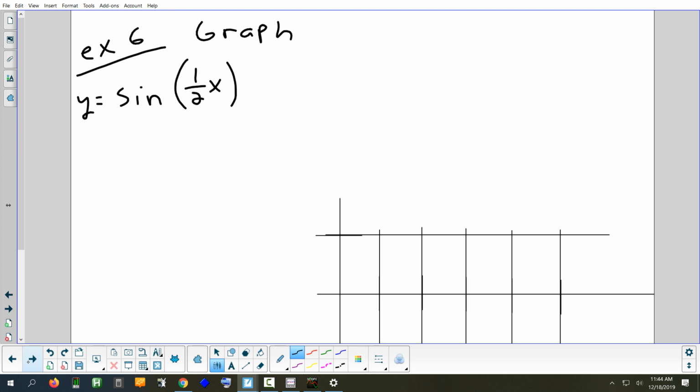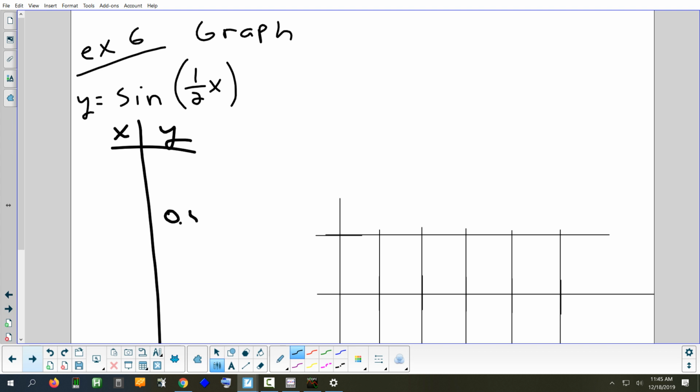Okay. Sine 1/2 x. Okay, step 1. You have to identify what transformation that is. What operation am I doing with the number in this problem? What arithmetic operation? Well, think of it like this.